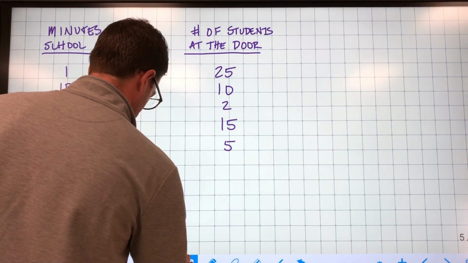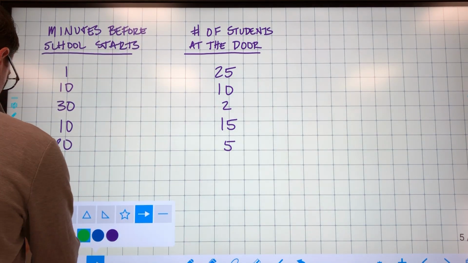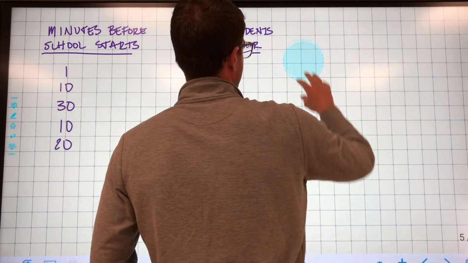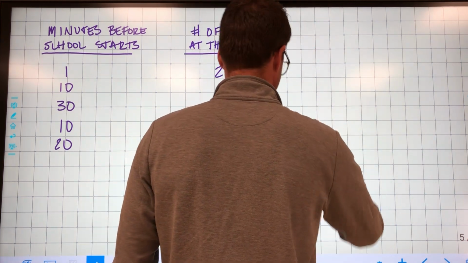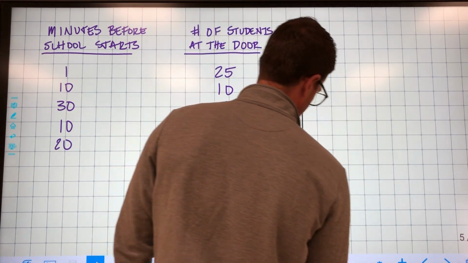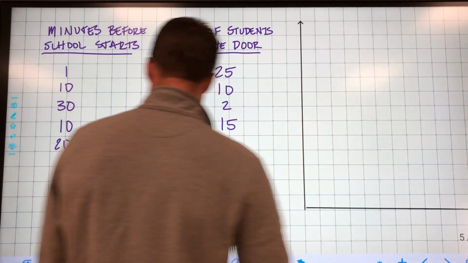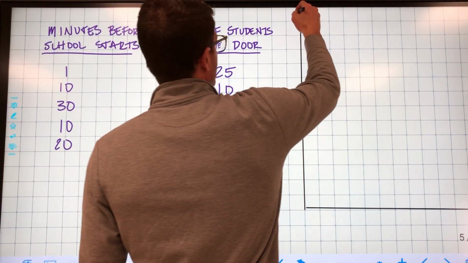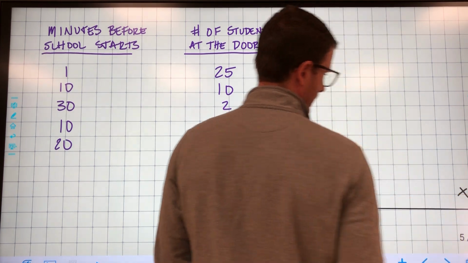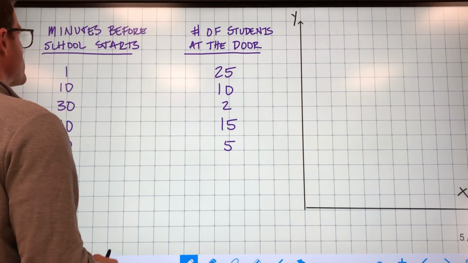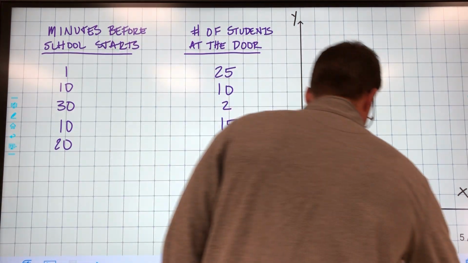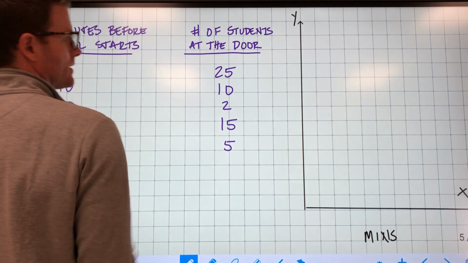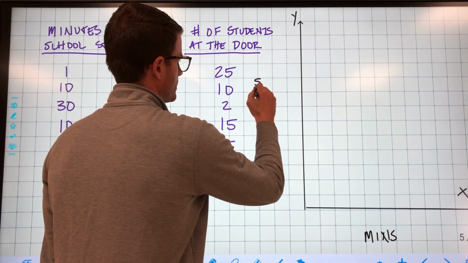So let's graph. Make our X and Y axis. Here's Y to the sky, X, all right, and let's label them. So the input is minutes before school, so I'll just say minutes. And the output is number of students, so we'll just say students.